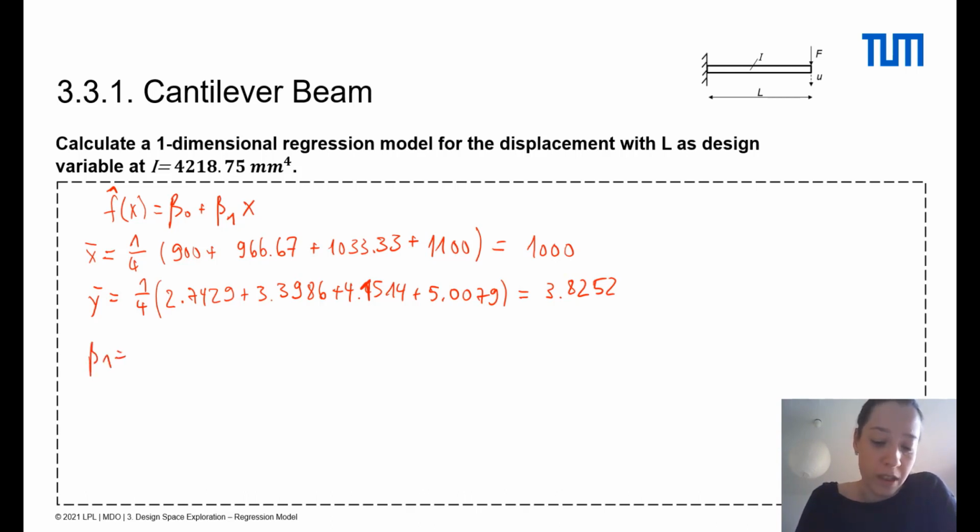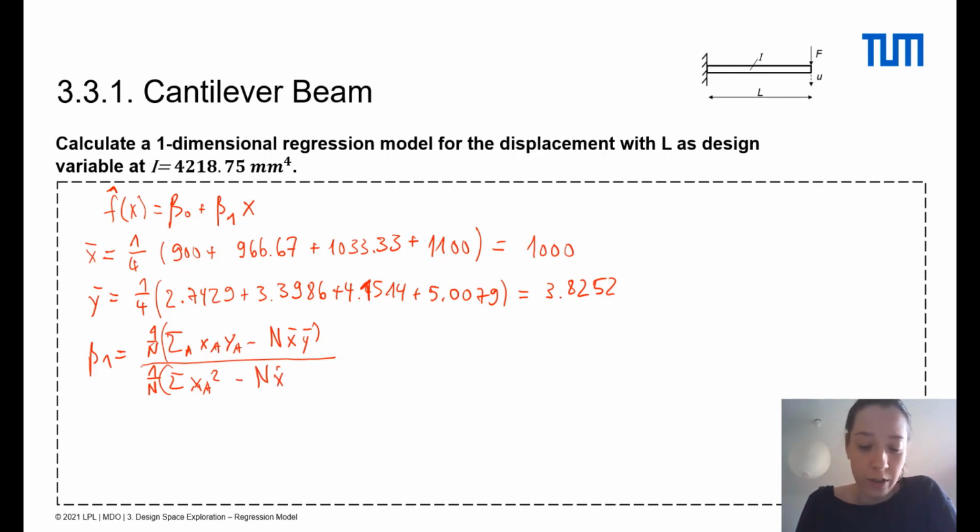Now we can compute beta 1 as 1 over n. We use those formulas from task 3.1. Sum over xa, ya, minus the means, over the variance of the design variable.